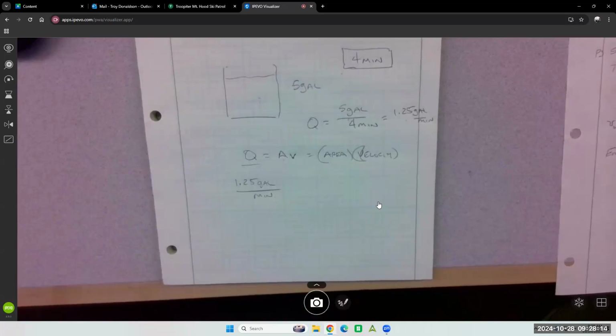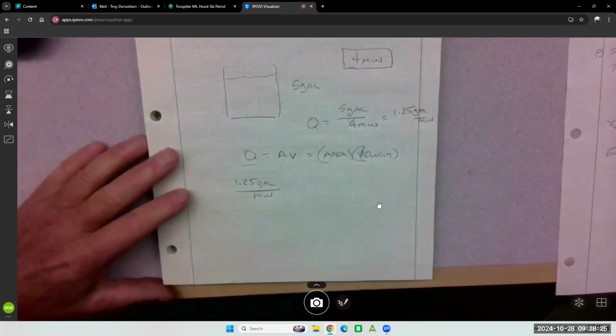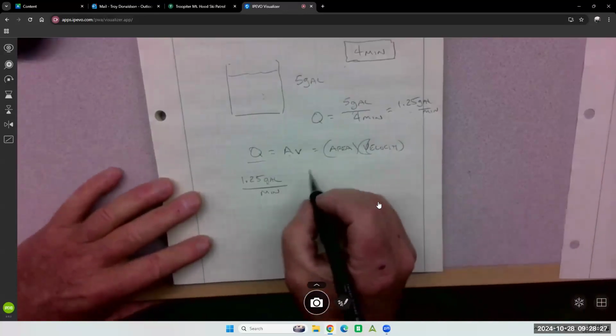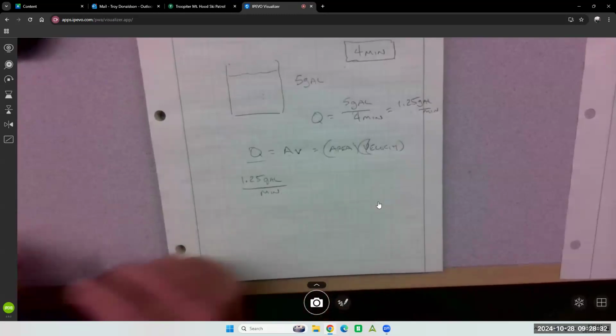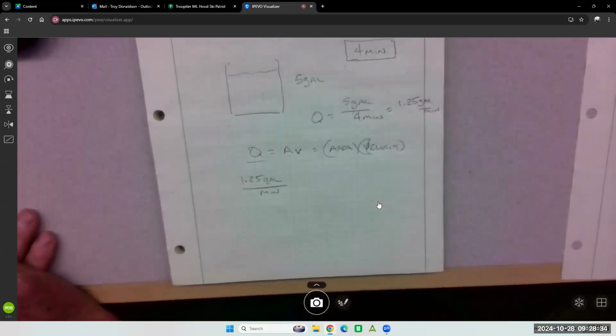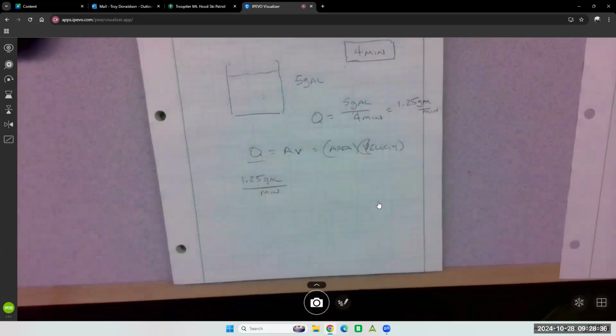So a conversion that we use a lot is how many cubic feet are in a gallon. Anybody know? Somebody Google it for me. How many cubic feet in a gallon? 7.48. Divide the volume value by 7.48. It's not that many cubic feet in a gallon. It's going to be less than 1.